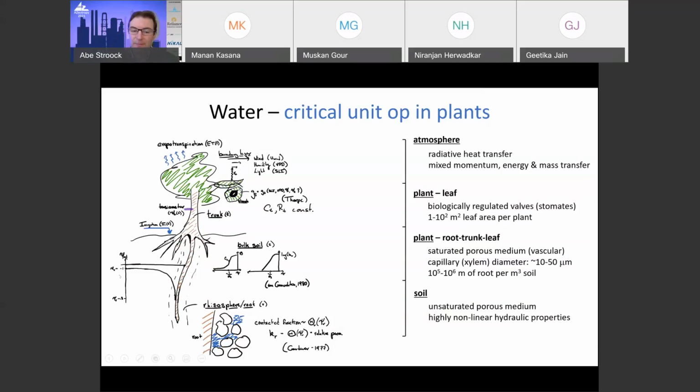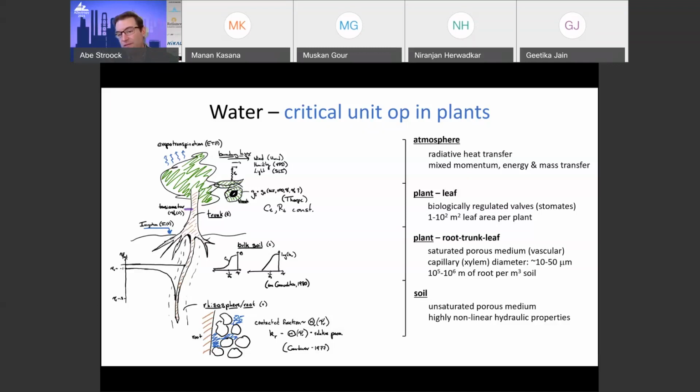And so there's a very complicated little sketch here, and I'm not asking you to look carefully at it, but what it's showing is the whole richness from the atmosphere of turbulent transport processes in the atmospheric boundary layer, radiative heat transfer in exchange with the sun.